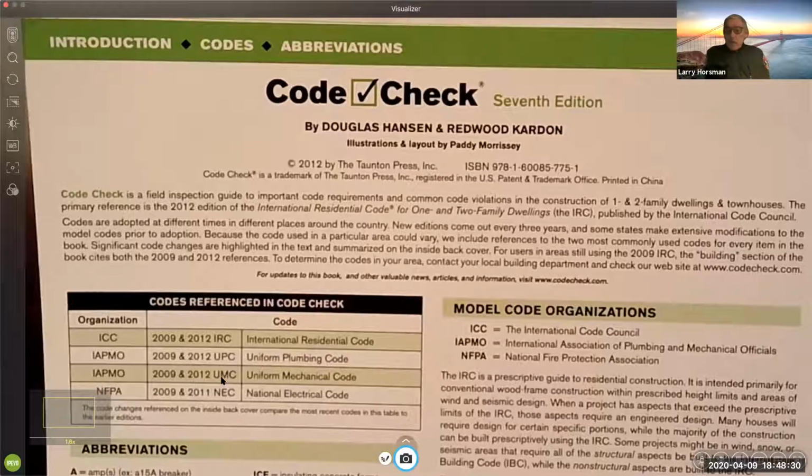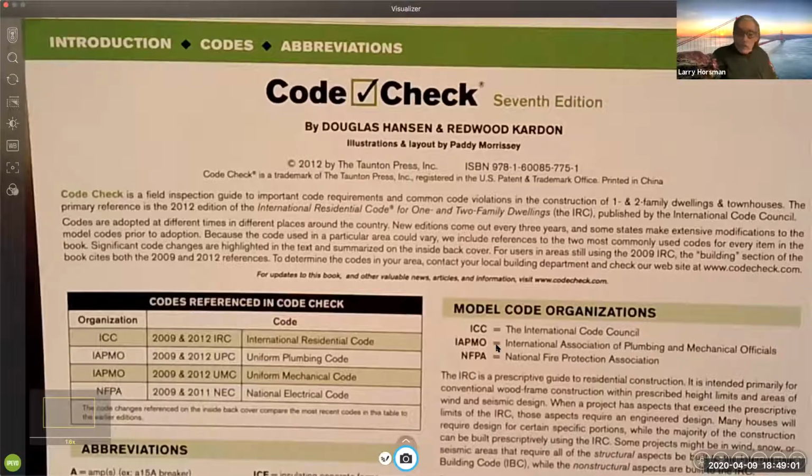And we've been working on the National Electric Code, which is what the California Electric Code is based on, the most recent one. And up here on the right, they tell you what those model code organizations are. And there's some other information in here.